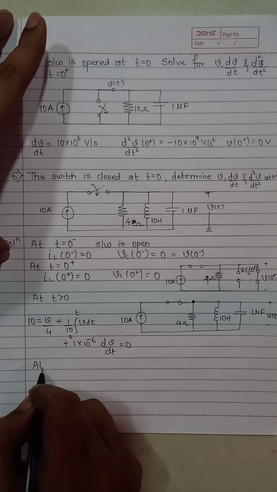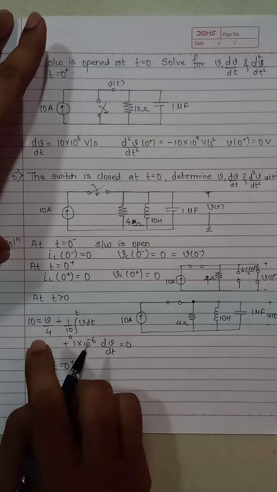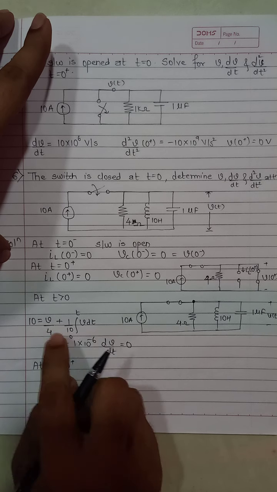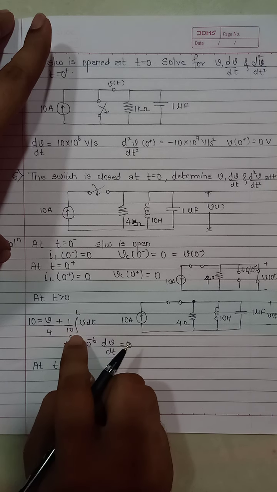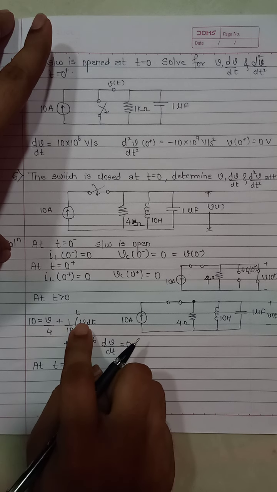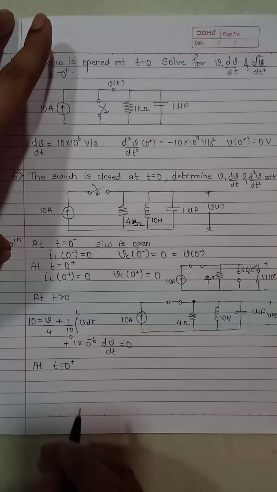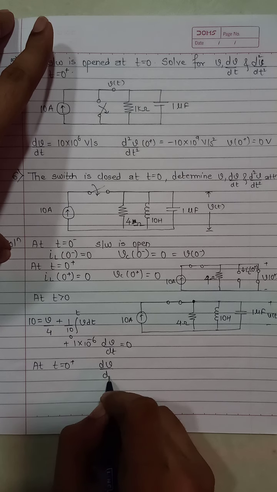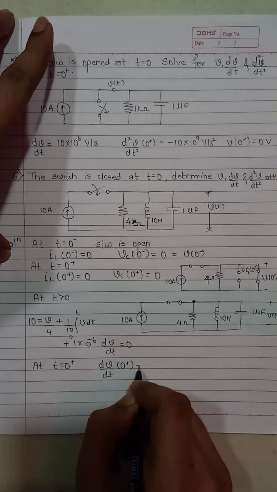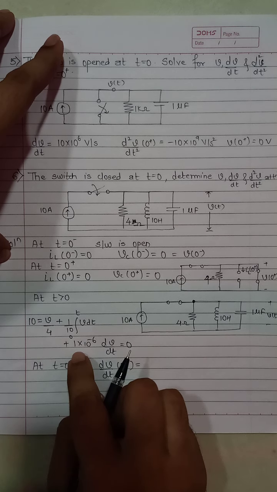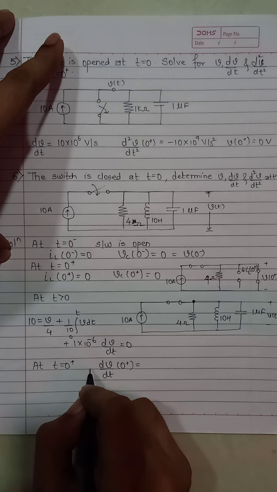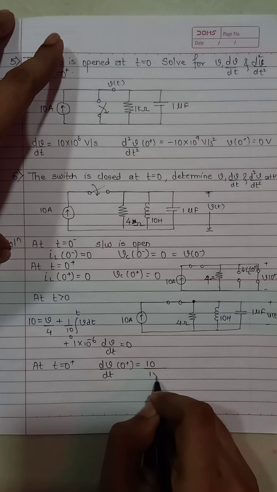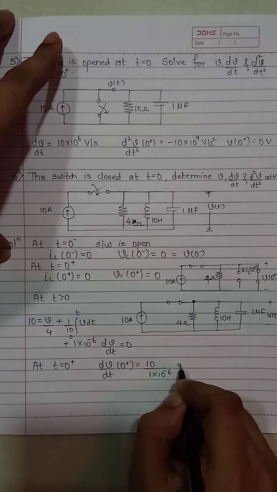So I can say at t is equal to 0 plus, voltage at 0 plus is 0. There is no integral or limit for this, so this term will also be 0, so you are left with only this term. So I can say dv by dt at 0 plus will be 10 upon 1 into 10 raised to minus 6.